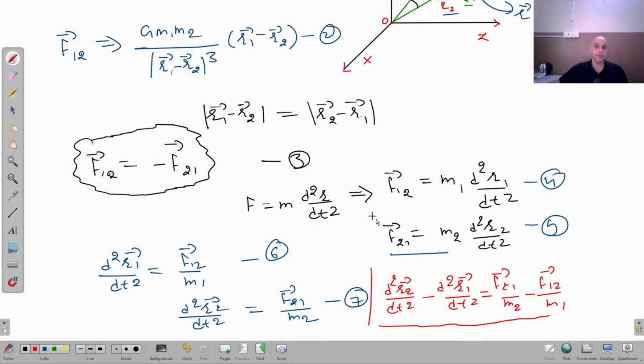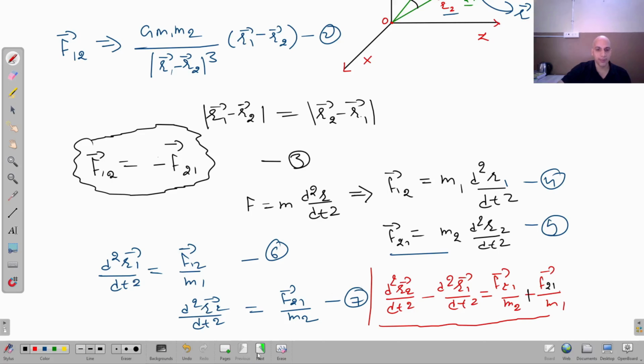Now we have proved here that F12 is equal to negative of F21, so I can put it here, and I can replace F12 by F21. I am replacing it, F12 is equal to F21, and I will get a plus sign here. Now I'm going to the next page. Here I can take common d square upon dt square of r2 minus r1.